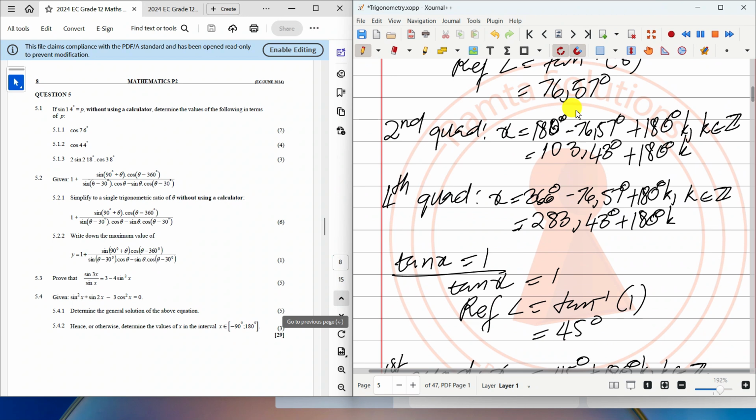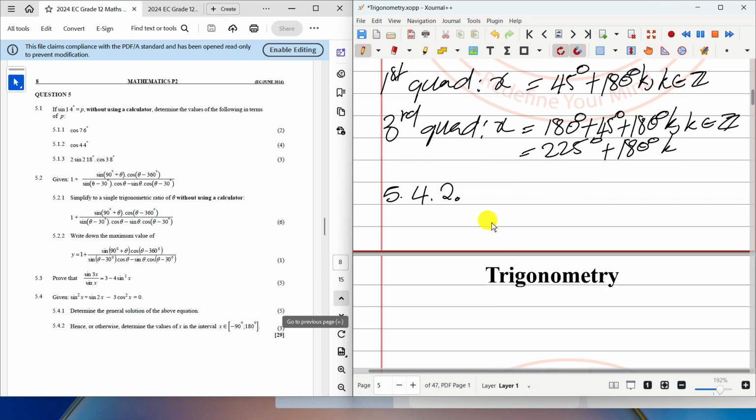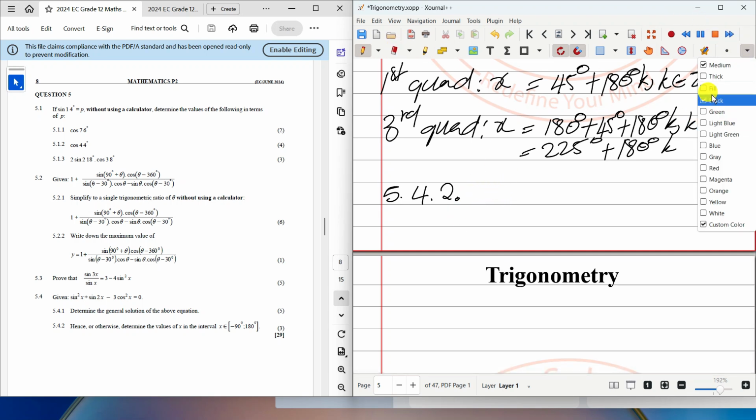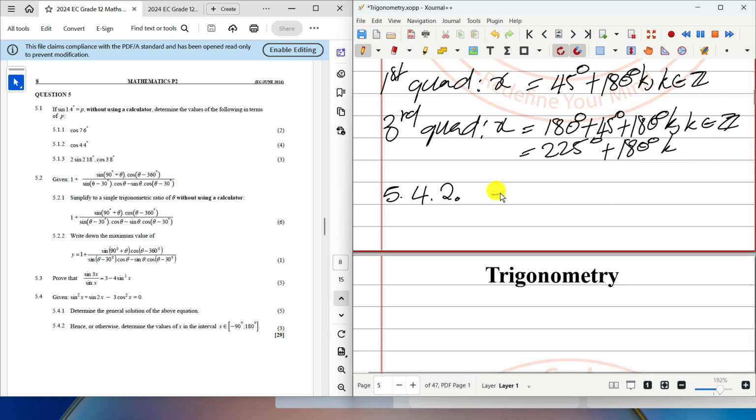So let's see. 103.43 minus 180, what do we have? We have negative 76.57, with k equal to negative 1 for all the formulas. So I choose negative 76.57 degrees.